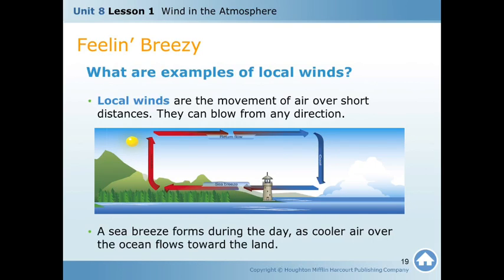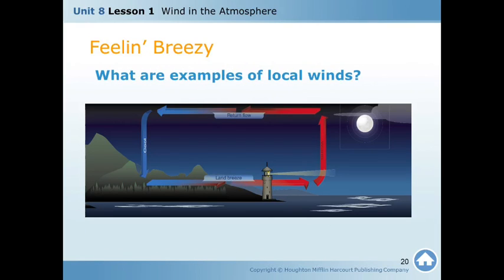Now, a land breeze is a little bit different. A land breeze happens at night. So you notice the moon in this picture. We see the moon in this picture. Now all of a sudden the sun is not heating the land more. The land is cooler. The water is the same temperature, but the land is cooler. So the warmer water heats up the air.